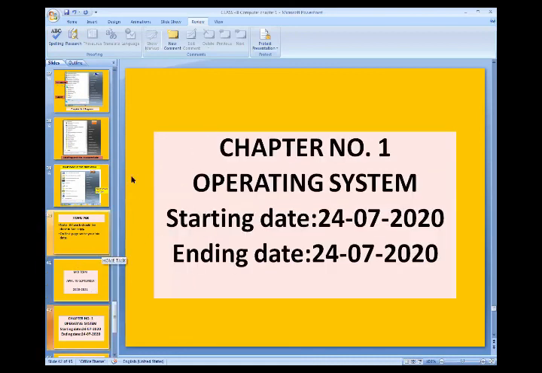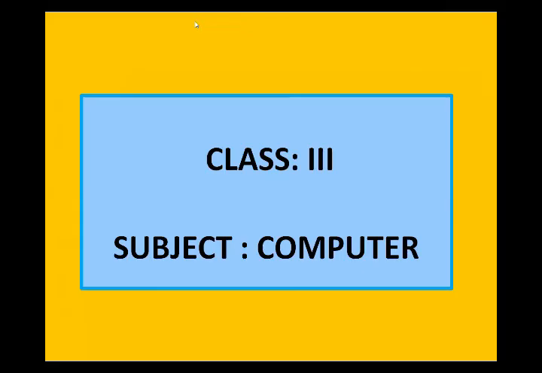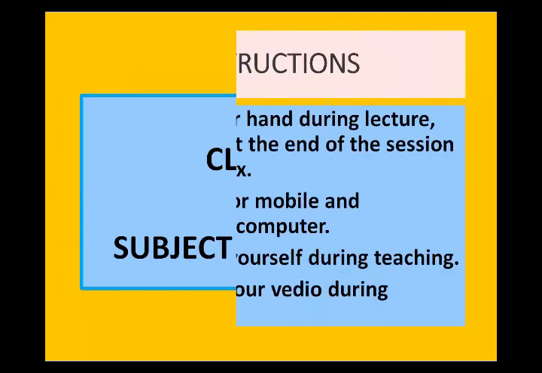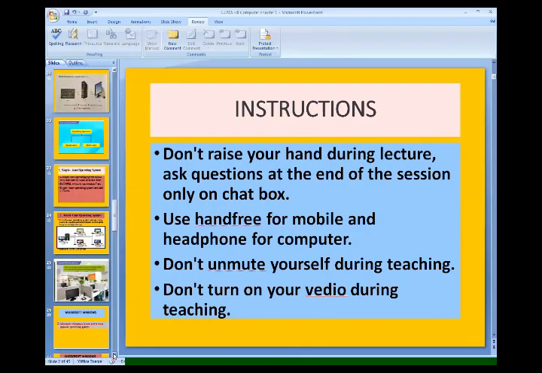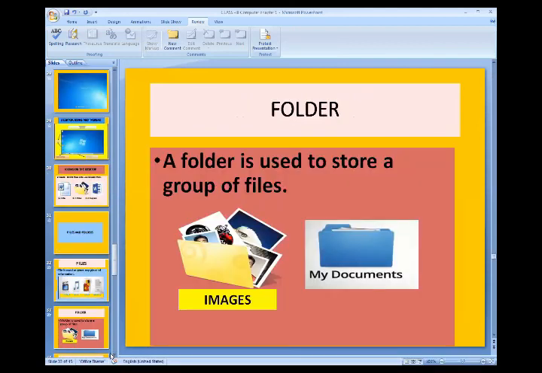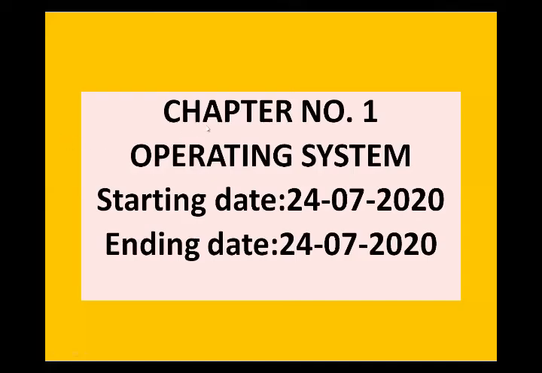After making the title page of midterm, you will make a title page of chapter number 1, operating system, and you will also write the date, starting date and ending date. You can take a screenshot of this page.